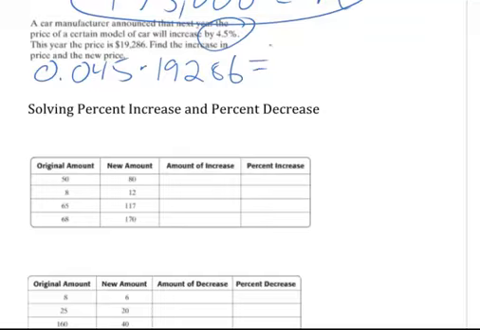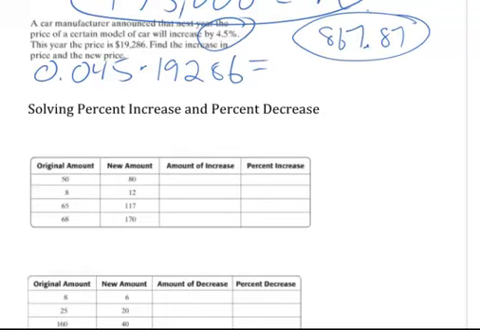$19,286. So I'm going to take my calculator, 0.045 times 19,286. I'm coming up with $867.87. That's how much the car is going to go up by. But now we want to find the new price.